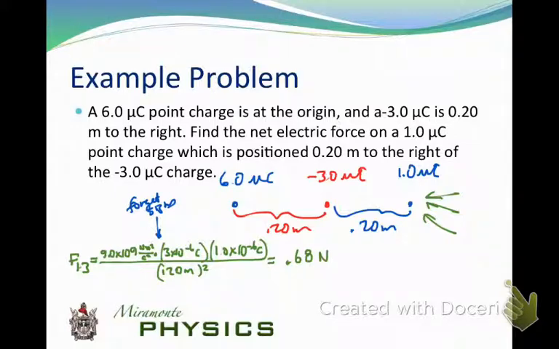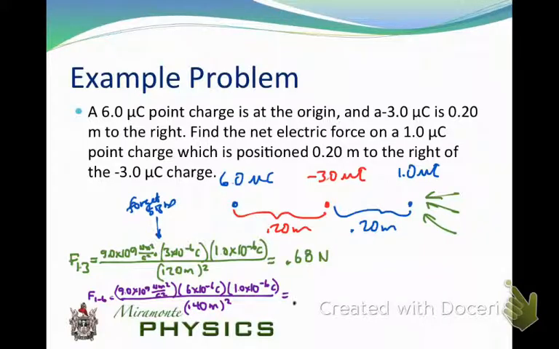All right, so let's move on. Now we want to do the force on the 1 microcoulomb due to the 6. So we set up the exact same equation, F equals kQQ over r squared. The 1 to 6 is going to look like this: 9 times 10 to the 9th, newton meter squared per coulomb squared. That's Coulomb's constant. Times 6 times 10 to the minus 6 coulombs, that's the 6 microcoulomb charge, times 1 times 10 to the minus 6 coulomb.